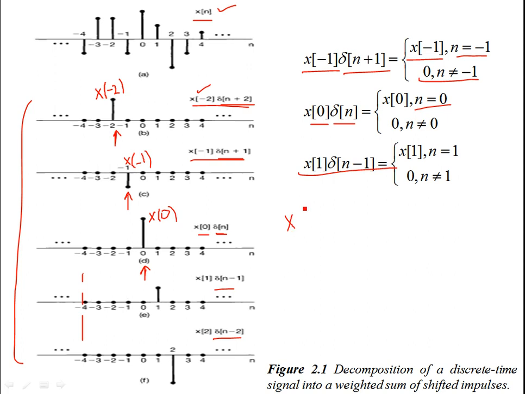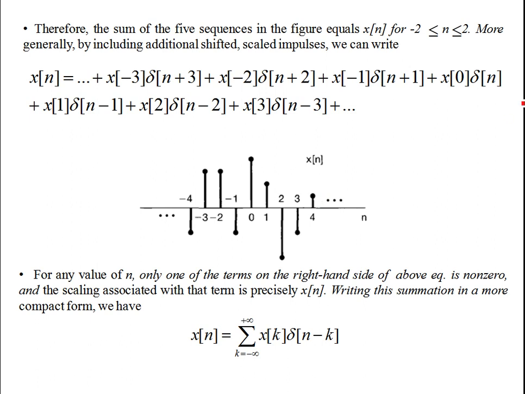You can write x of n as the collection of all these shifted impulse sequences, and so forth. We are decomposing x of n in terms of the shifted impulses, so this is x of minus 3 delta n plus 3, then x of minus 2 delta n plus 2. These samples of x of n form the weights, or amplitudes, of the shifted impulses.